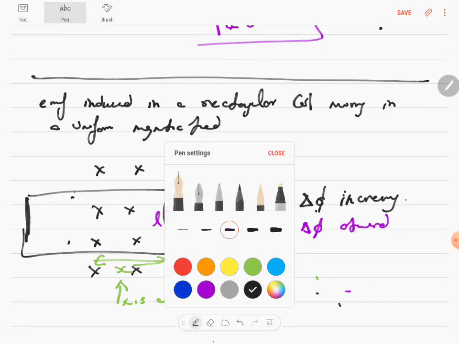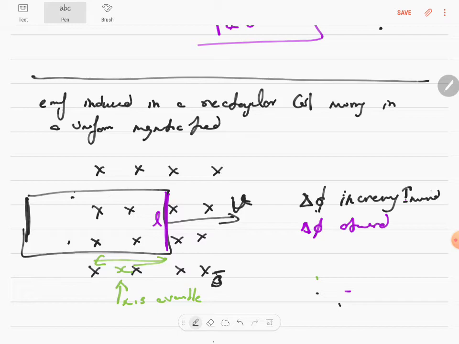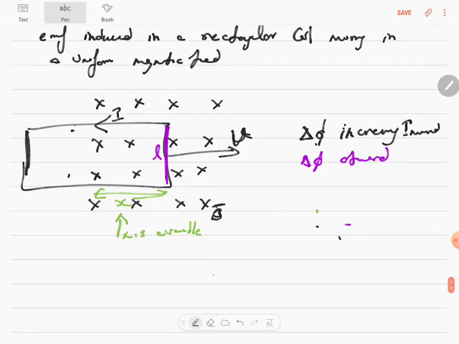For the delta phi to be outward, if you keep the thumb pointing outward, towards your nose, the current has to flow in the anti-clockwise direction. That is the direction of the induced current, and you should elaborate that in your test paper.